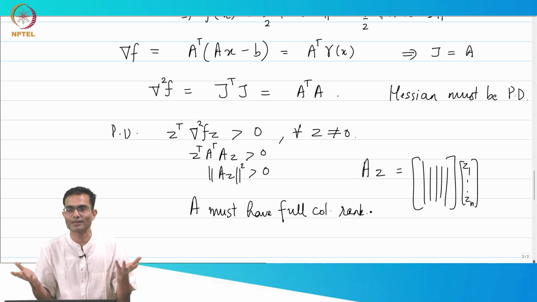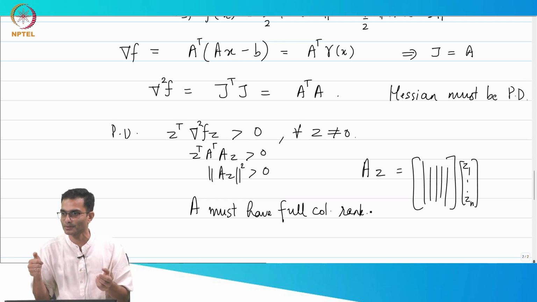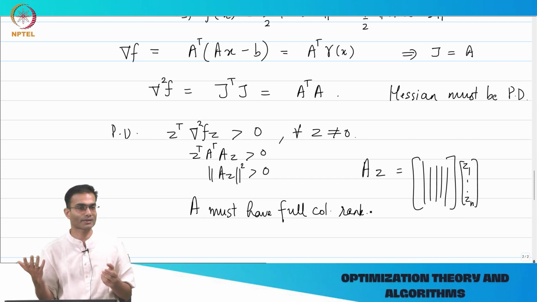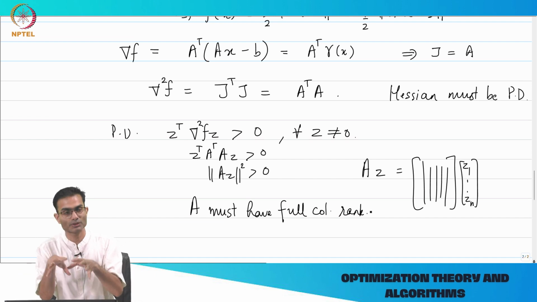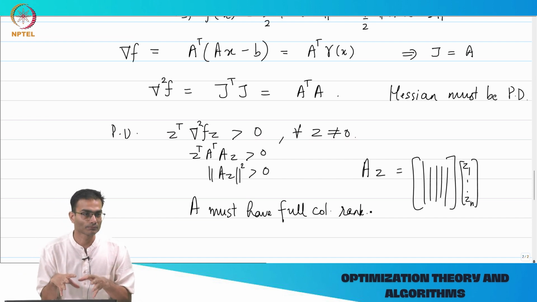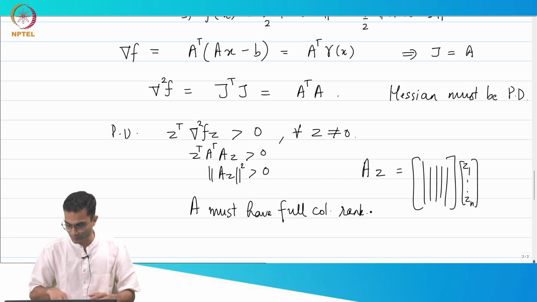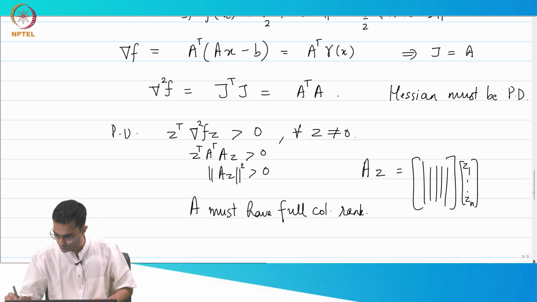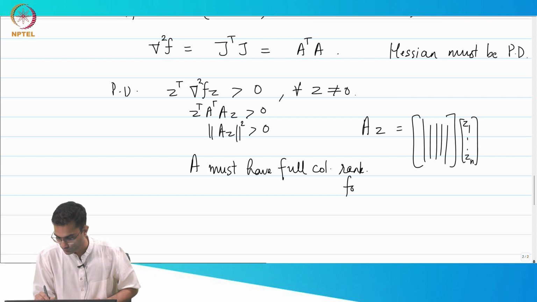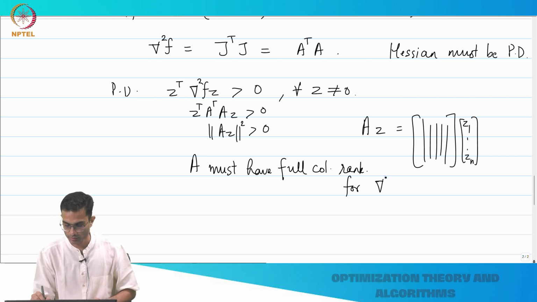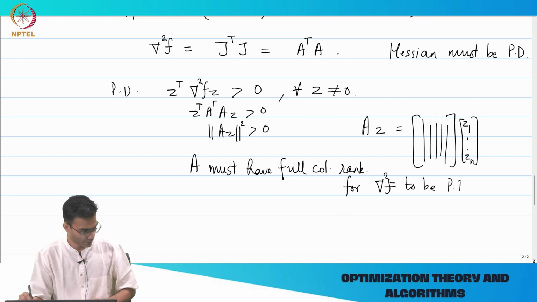It seems naively just take uniformly spaced points. It's often not such a good strategy. So all of that will come into the numerical properties of A. Okay, and we'll come to that a little bit further down the line. But A must have full column rank for A transpose A to be positive definite.